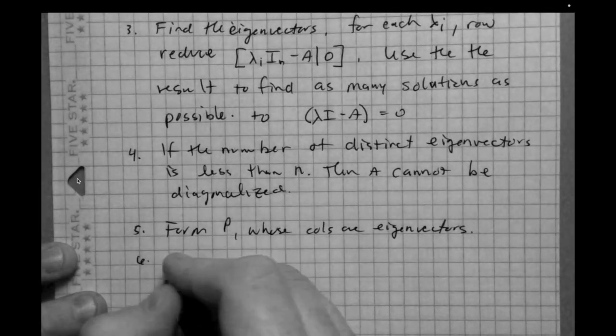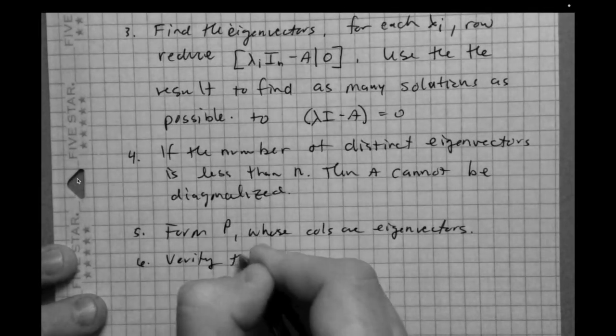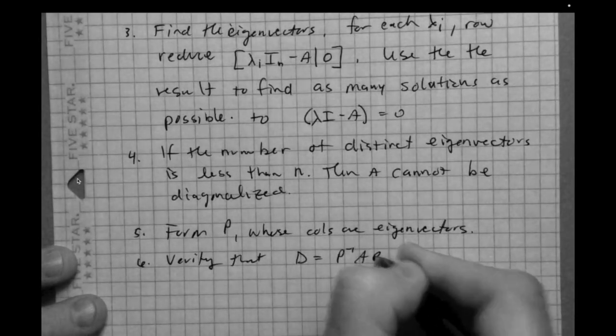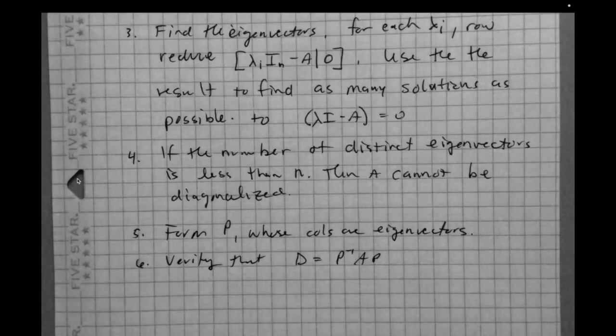At that point, verify that D is equal to P inverse AP. Multiply them together and you get D, the diagonal matrix you're seeking, with eigenvalues on the main diagonal.